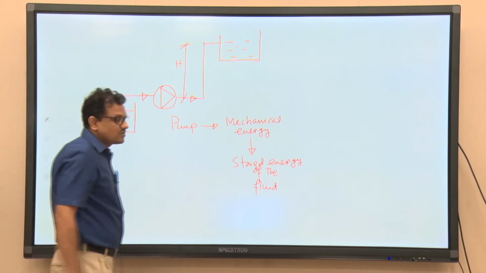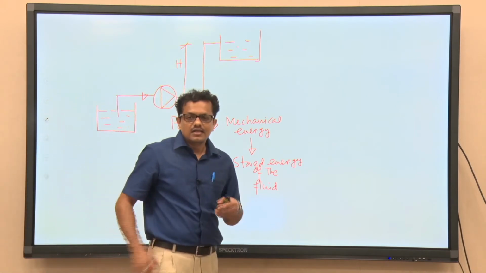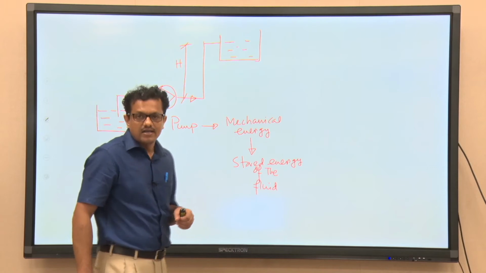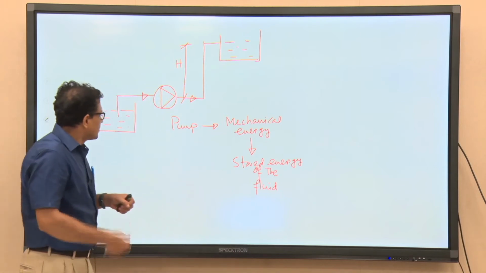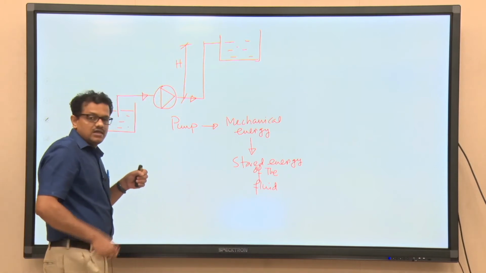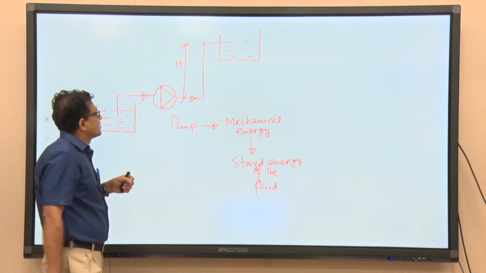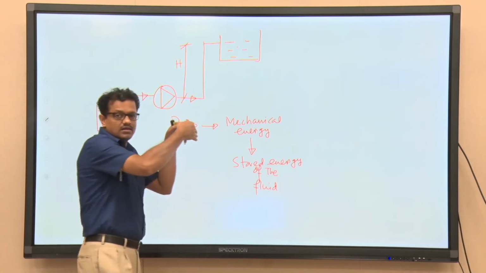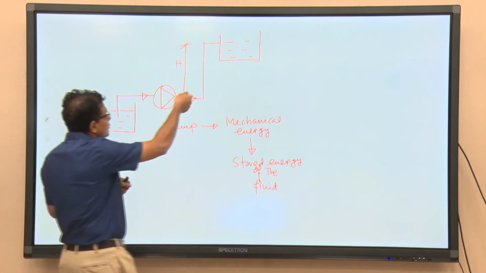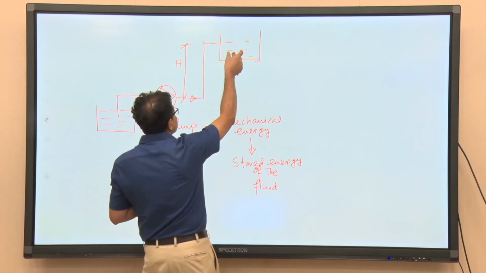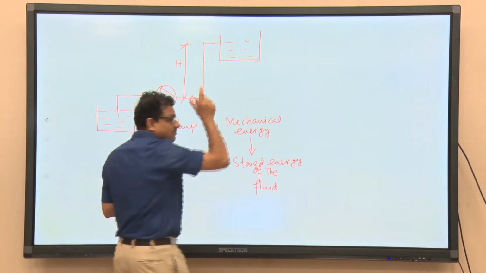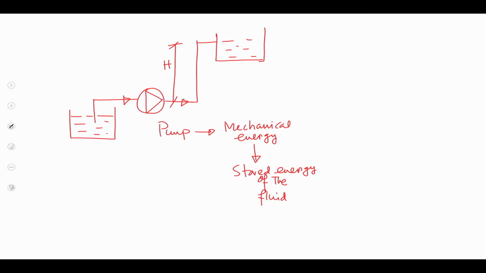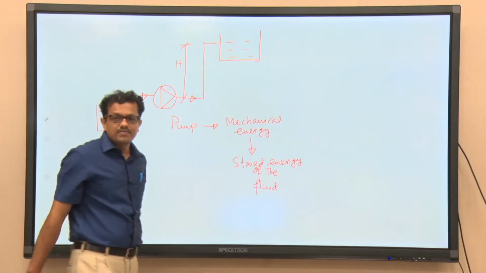Today, since we shall start discussing about the hydraulic turbines, I am trying to discuss a little bit that is it possible that we can utilize the stored energy of the fluid that is there in the reservoir to rotate the rotating part of the machine.